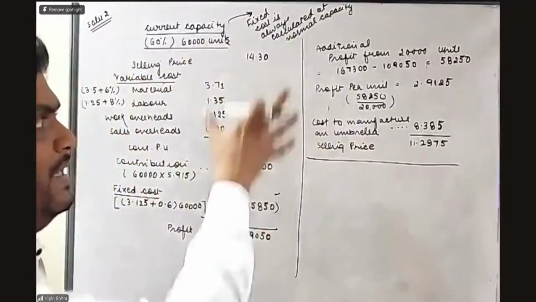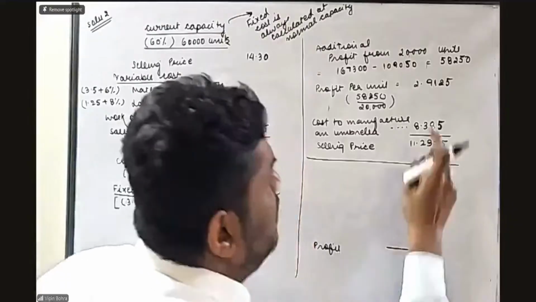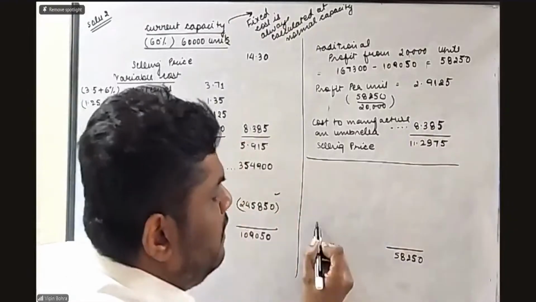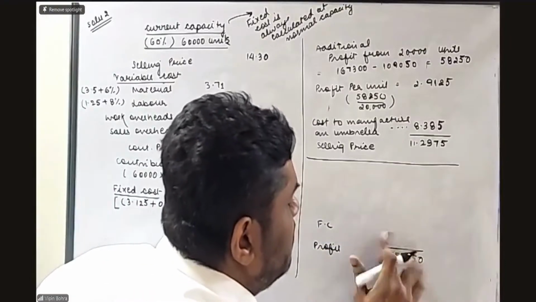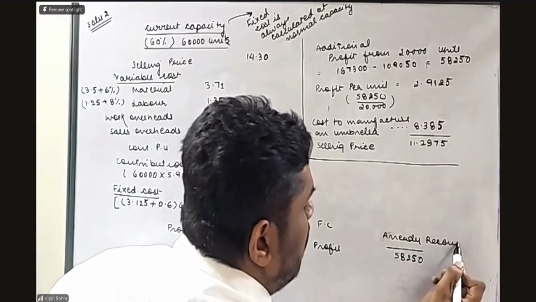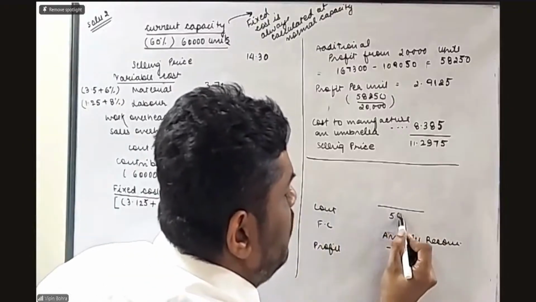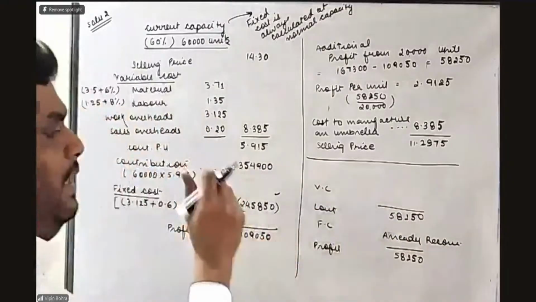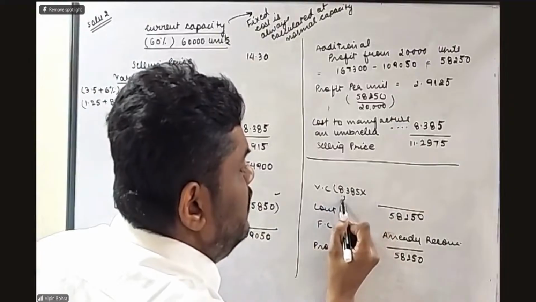In an easier way, see, this much profit I have recovered. So how much additional profit do I want? 58,250. Is there any fixed cost? No, already recovered. How much contribution do I want? The same 58,250. How much will be my variable cost? 8.385 into 20,000.